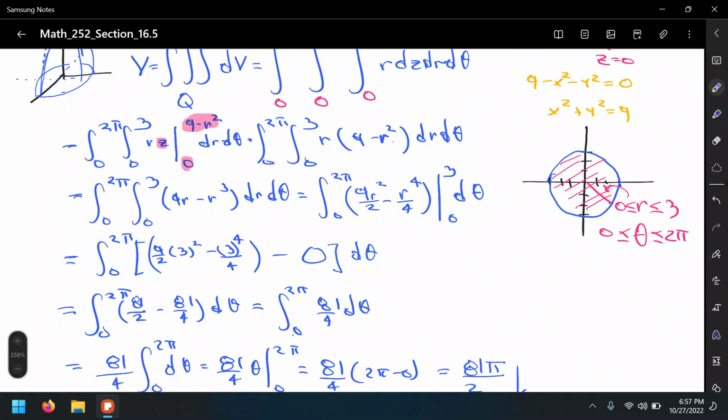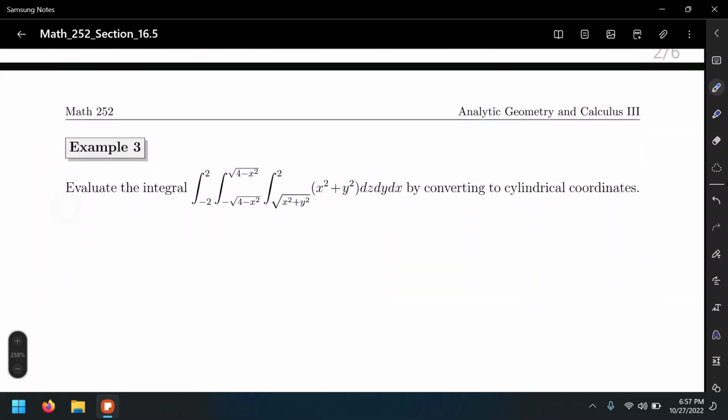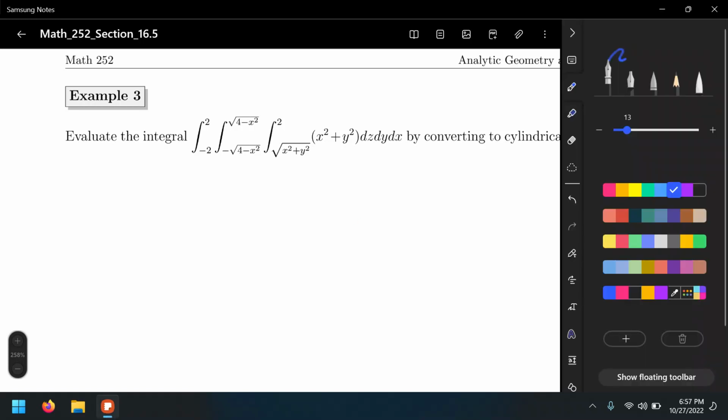Okay, so let's look at another example on setting up or evaluating an integral, but first of all, by converting to cylindrical coordinates. You don't want to do this using rectangular coordinates. Even if you evaluate this integral like this, let me try it real quick.